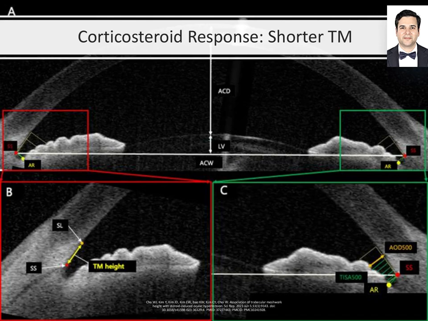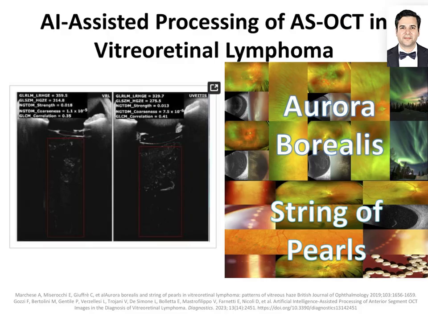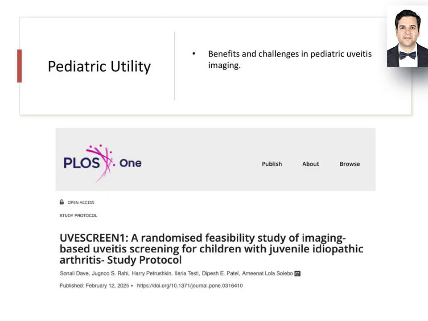A rapidly growing area is AI-assisted AS-OCT analysis, which holds promise for diagnosing masquerade syndromes such as vitreoretinal lymphoma. AI and radiomics can help detect characteristic patterns like aurora borealis or string of pearls.